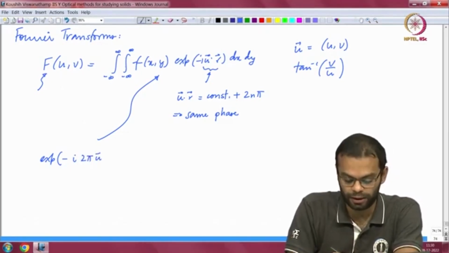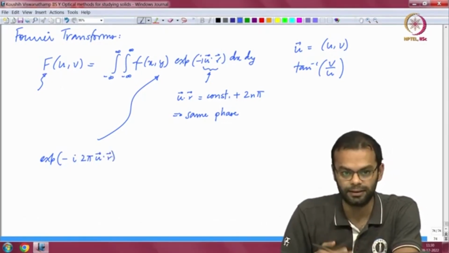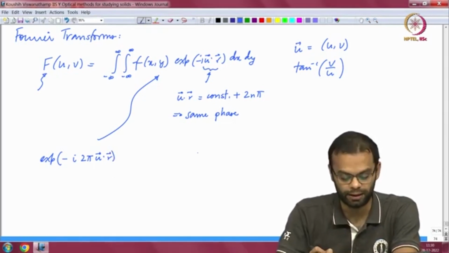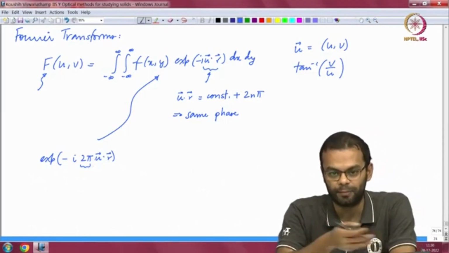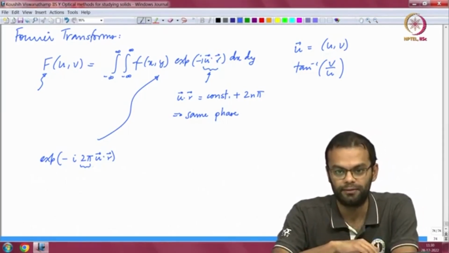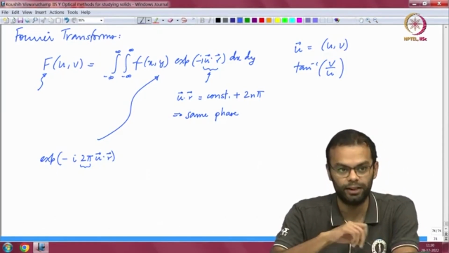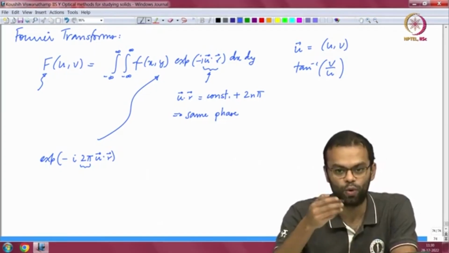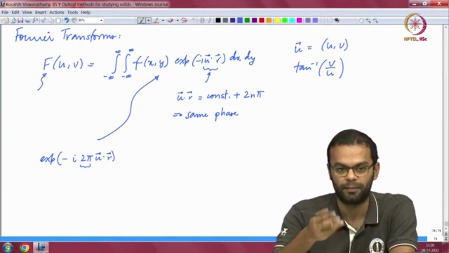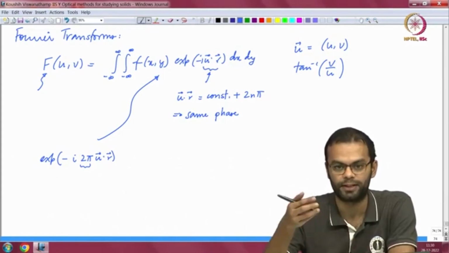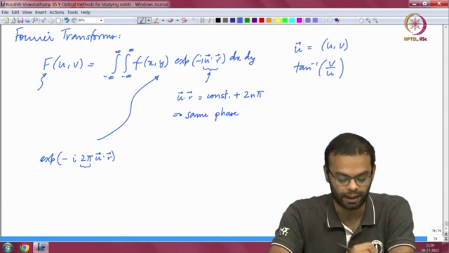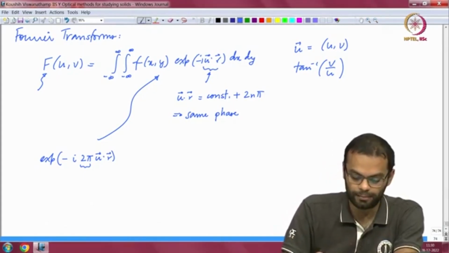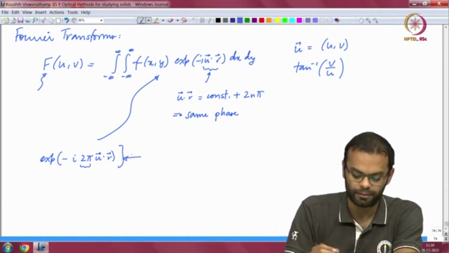From now on we will use this instead of just u dot r, because otherwise factors of 2 pi keep coming out, and we do not want to keep track of them. So we put the 2 pi inside, and u will now not be an angular frequency but an actual physical frequency, an inverse of wavelength, not a wave number. So, that is one piece of information.